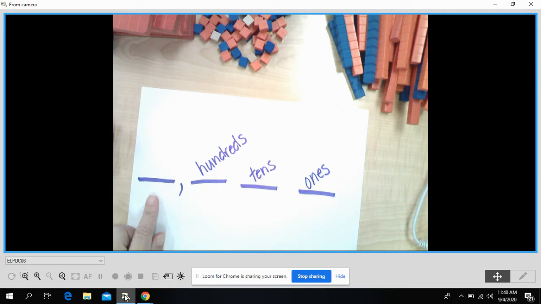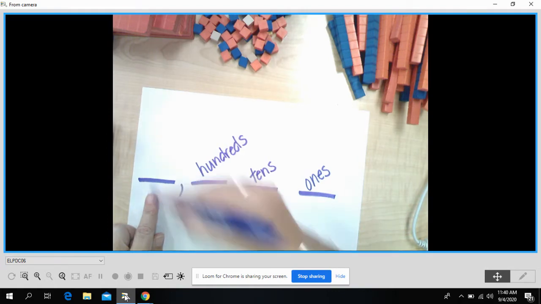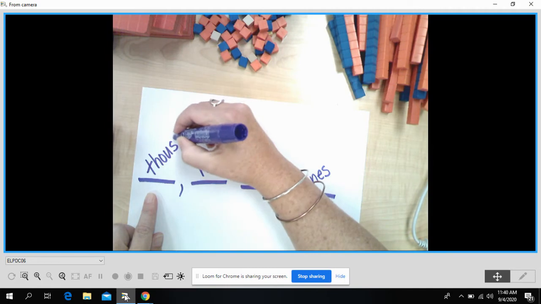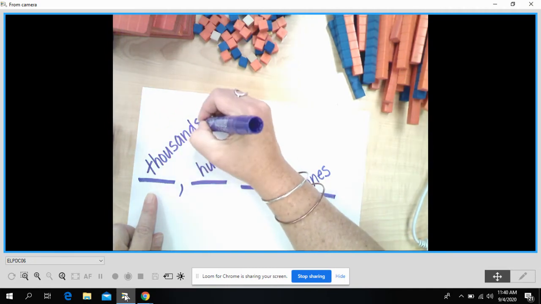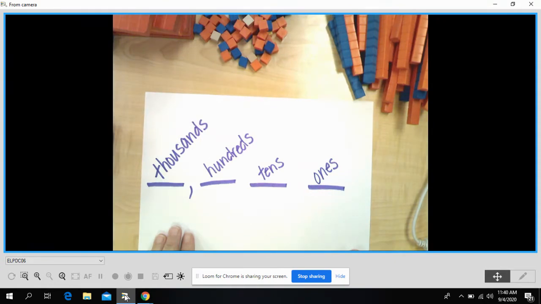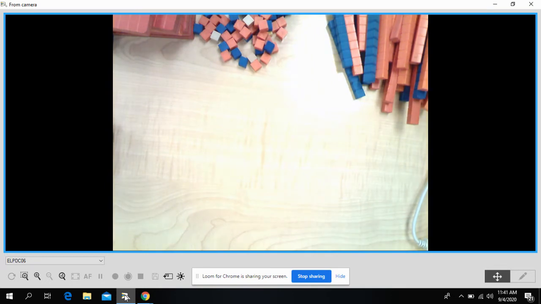And finally, the last one we're going to be working with for today, and it's the largest one. This is the thousands. Way to go. Let me let you look at these and get these words in your heads. Ones, tens, hundreds, thousands.